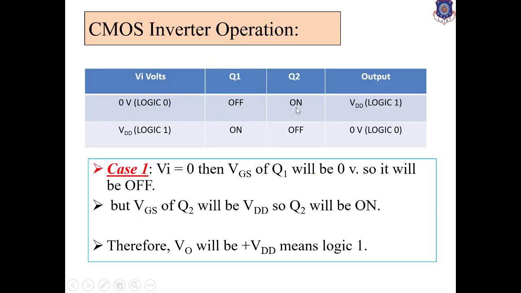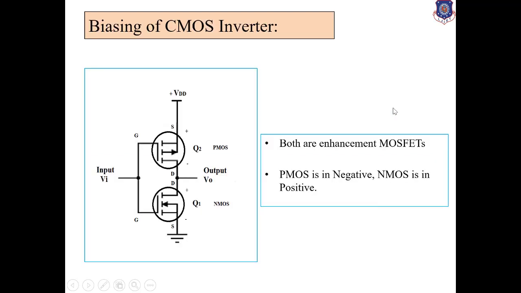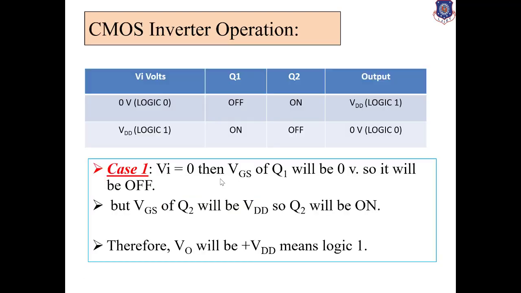In simple language, when input is 0, at that time Q1 is off and Q2 is on, and the output will be determined by Q2. If it is on, then plus VDD appears across the output. As Q2 is on, plus VDD appears at the output terminal. So plus VDD is logically equal to 1.